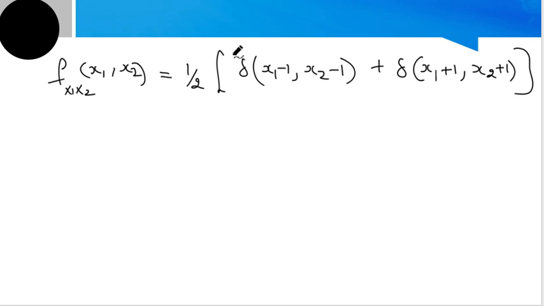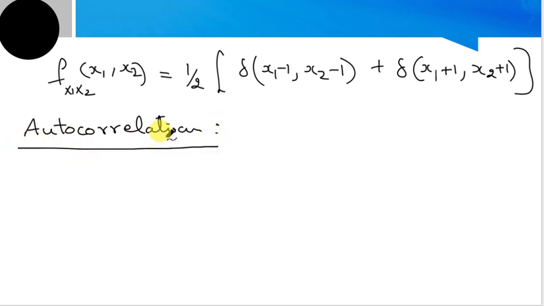Next, having found the second order density, we will go forward to find the autocorrelation function. So how do I deal with this autocorrelation function? Again, I will consider two cases: T1 and T2 are in the same interval, and T1 and T2 are in different intervals.